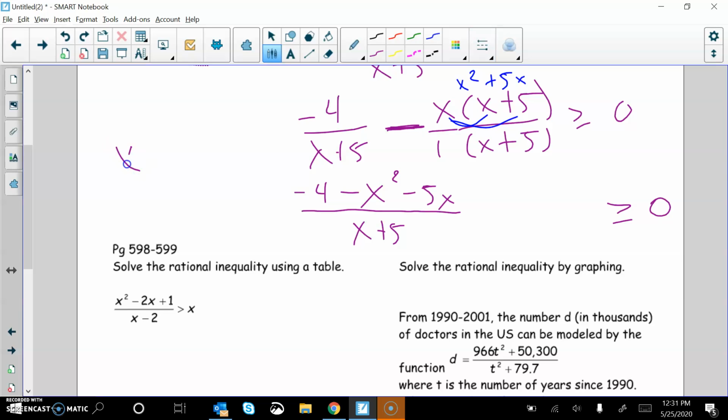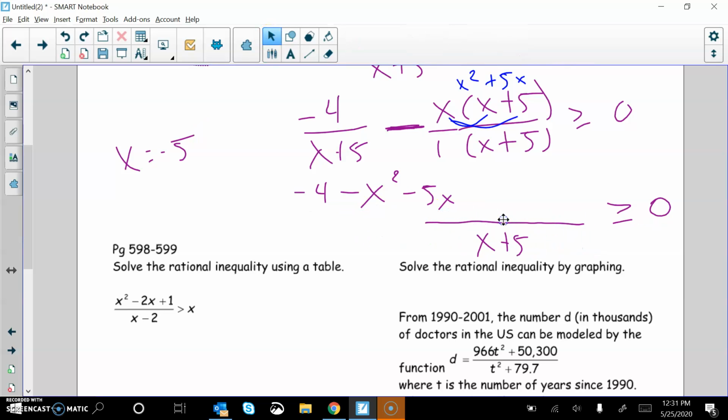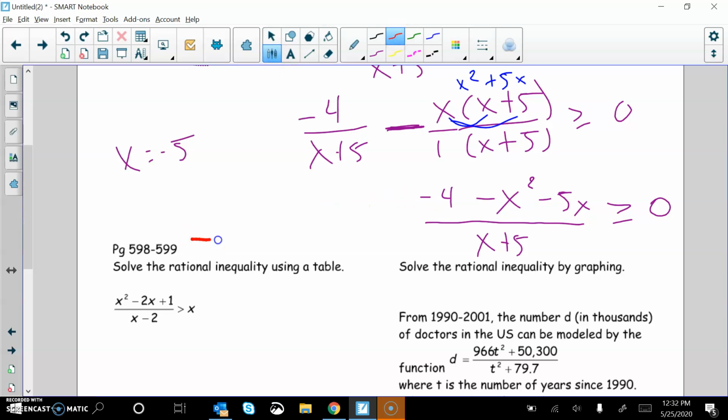But when x is -5, the bottom is equal to 0. So on our number line, and you know what, let's move this over here. We'll get our number line going here. -5 is one key value. That's when the bottom is 0.